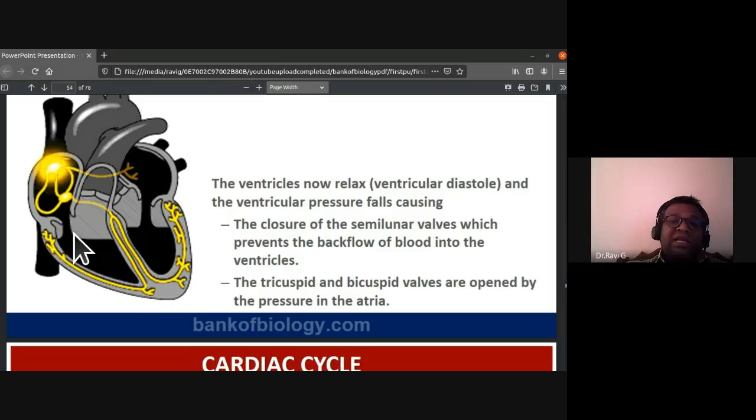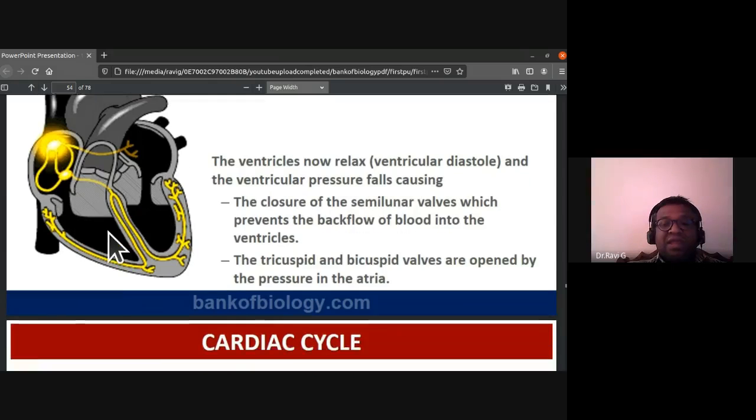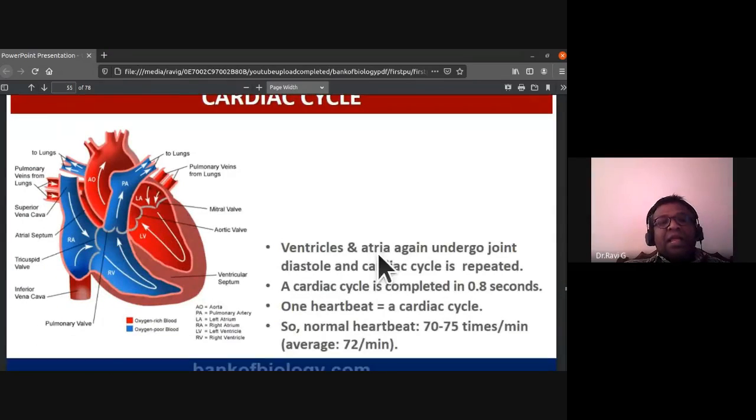The tricuspid and bicuspid valves are opened by the pressure in the atria, and the ventricles and atria again undergo joint diastole, and the cardiac cycle is repeated.